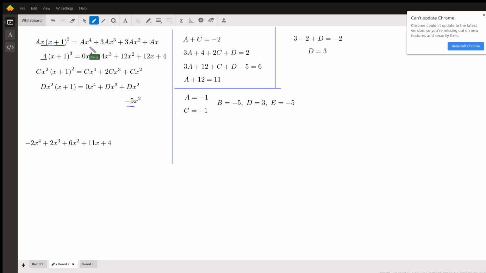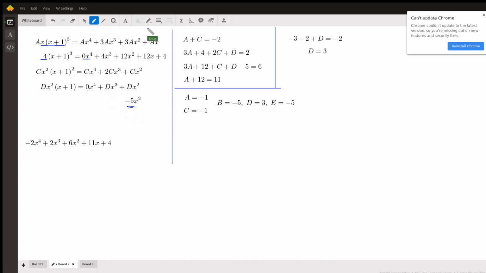Distribute the ax, and this is what you end up with. Similarly, distribute the 4. I put this 0x to the 4th in here as a placeholder for equating coefficients. Cx squared looks like this. Cx squared times x plus 1, the quantity squared, looks like this, and so on. And here's that e.